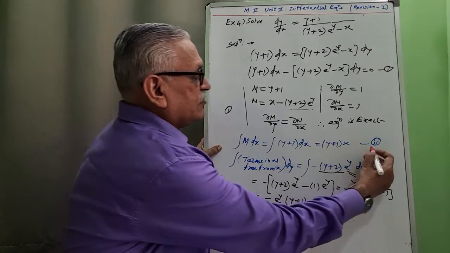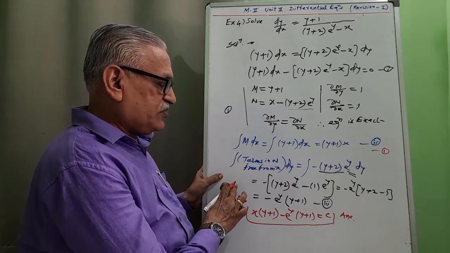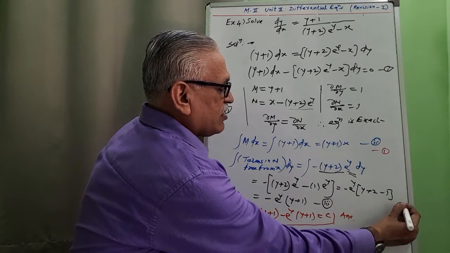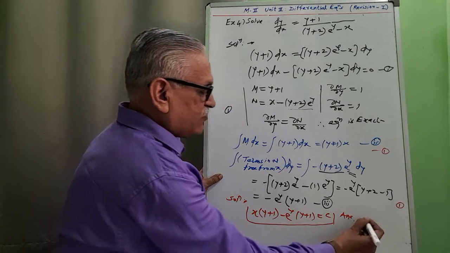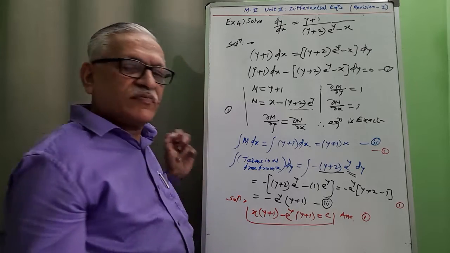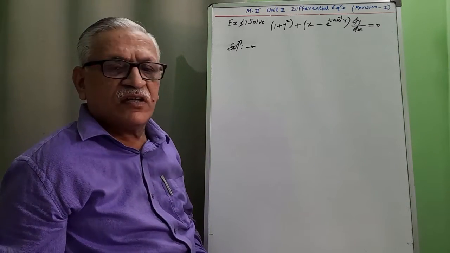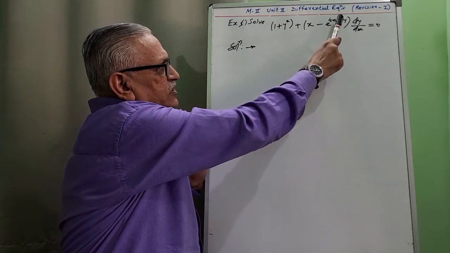For this step, next 1 mark. For integration of this with respect to y, another 1 mark, and the last 1 mark for the final answer. Therefore total 4 marks. Example number 5: 1 plus y square plus x minus e raised to tan inverse of y into dy by dx is equal to 0.